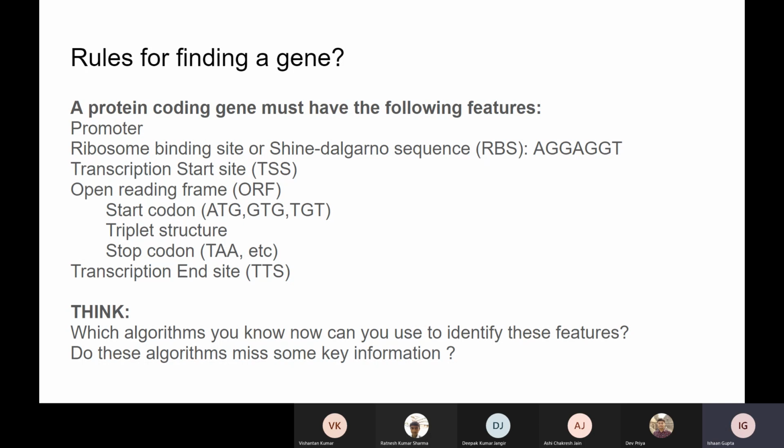The case where you have non-template translation, as I discussed with the NRPs, non-ribosomal protein synthesis, which make small antibiotics, not antibodies, those don't even require a triplet structure.